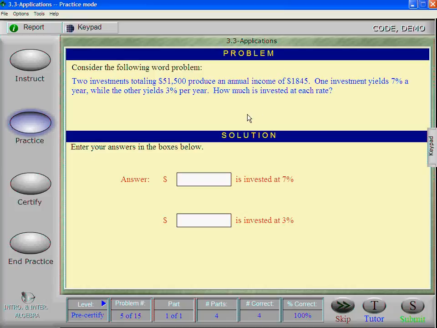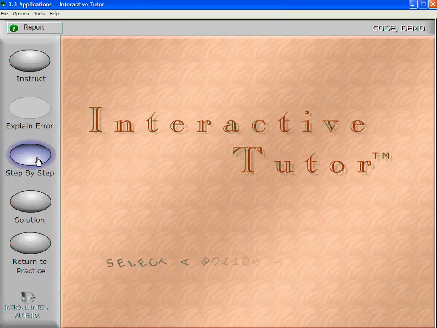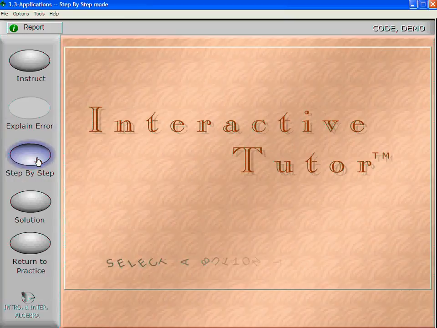So I think the trick is that you have 0.07 times X plus 0.03 times Y, but instead of using a Y, you think about the fact that X plus Y equals 51,500, and then that means that Y equals 51,500 take away X, and you make a substitution. I believe that's what they're going to show here in the tutor, but we can double check.